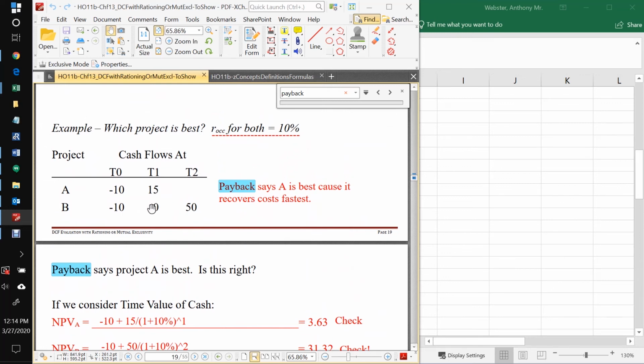Good example of that would be a construction loan type thing. That might be a 12-month loan that comes due, you got to pay it back no matter what. So in this case, they'd have no choice but to go with project A, and in that case, the payback method would be the method of choice.